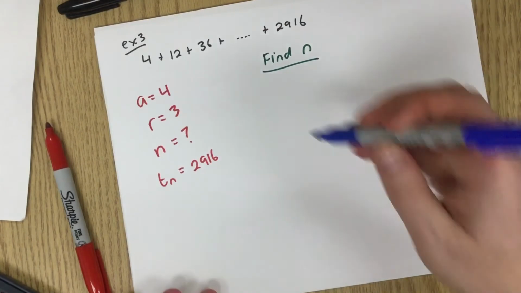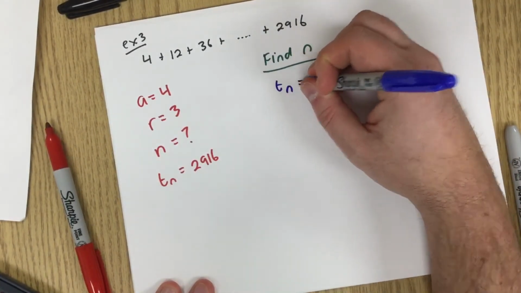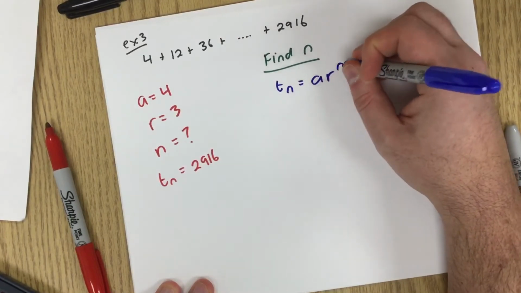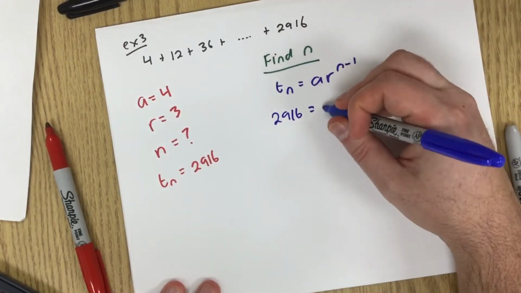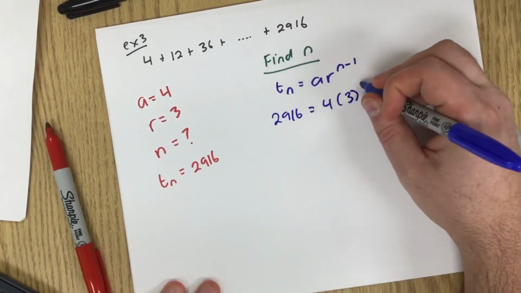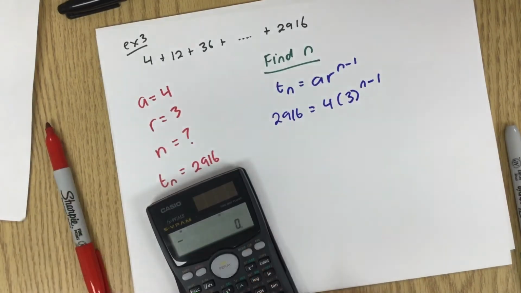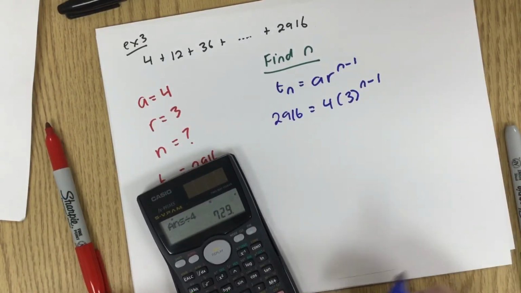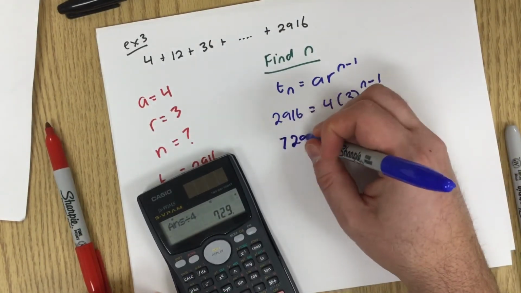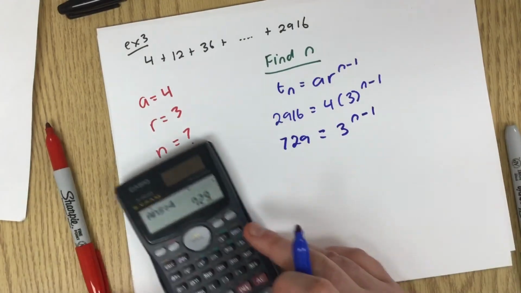So what we're going to have is, we know that t of n for a geometric sequence is ar to the n minus 1. So 2916 is 4 times 3 to the n minus 1. Divide both sides by 4. So 729 is 3 to the power of n minus 1.